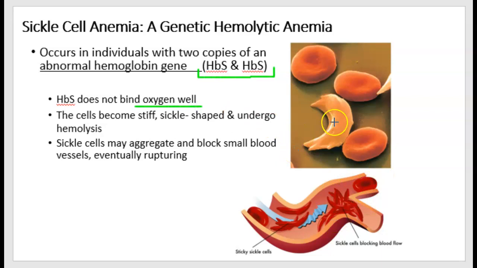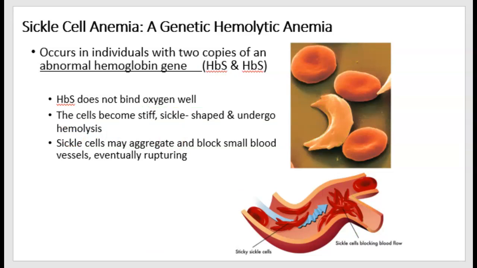In addition, the cells become stiff because of the shape of the hemoglobin, presumably, and sickle-shaped. They can get stuck in a vessel and block blood vessels. But in addition, when they go through the spleen, they'll rupture and they'll be destroyed through hemolysis.